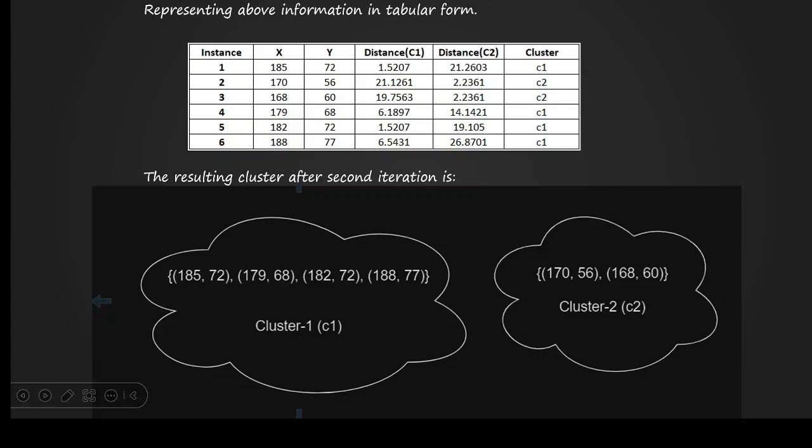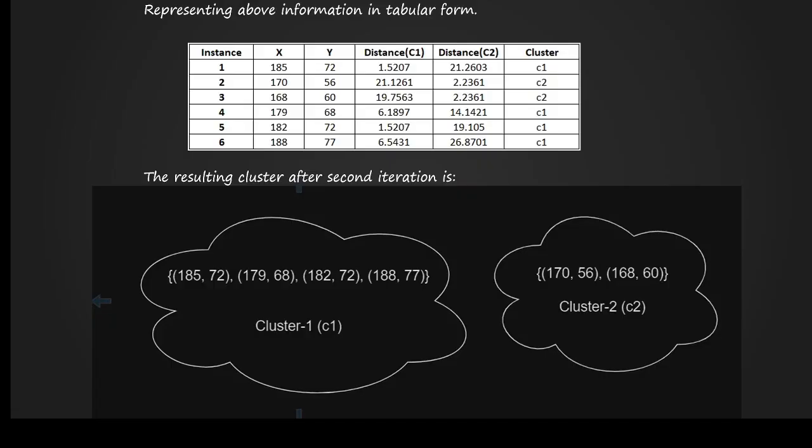After that we will update the table with the distance from cluster 1 and the distance from cluster 2. Now we can clearly see that point 1 is very close to C1, so it belongs to C1, point 2 belongs to C2, point 3 belongs to C2, and points 4, 5 and 6 belong to C1.